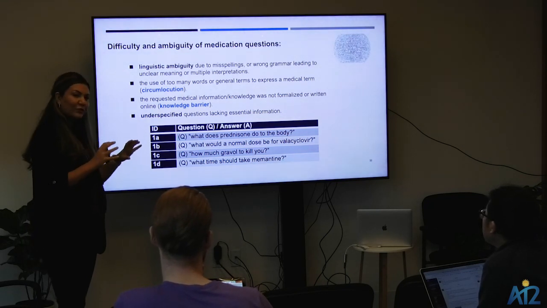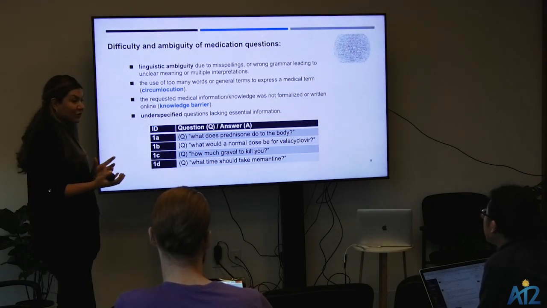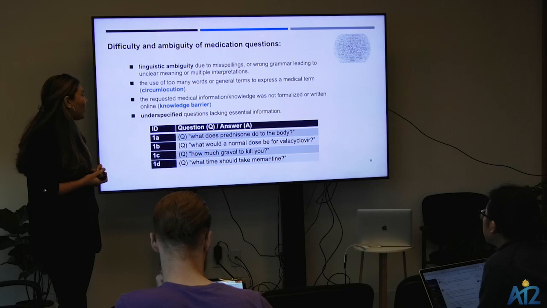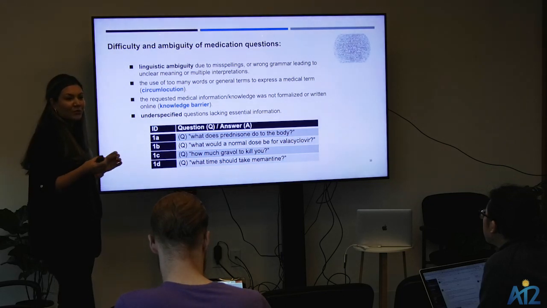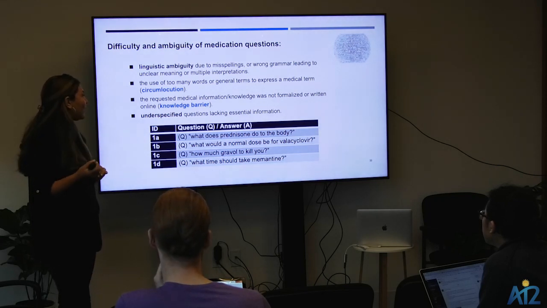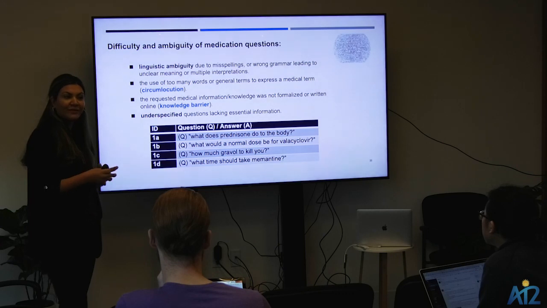So the first set of challenges is related to the questions. For example, it's very frequent to use many words or general terms to describe a medical term. Another problem is requesting medical information that is not written.